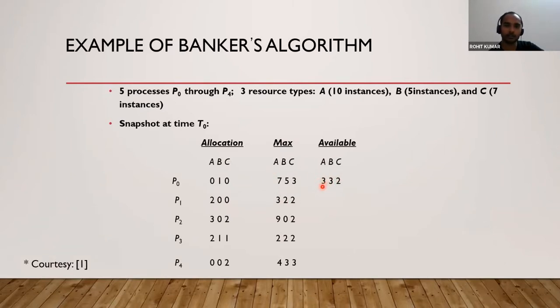So you don't need to first deduct and then add. Forget about the need. You just add this amount of resources to the available resources. So after P1 execution, what will be the total available resources? It will be 5 instances of A, 3 instances of B, and 2 instances of C. Understood what I am saying? Everyone?